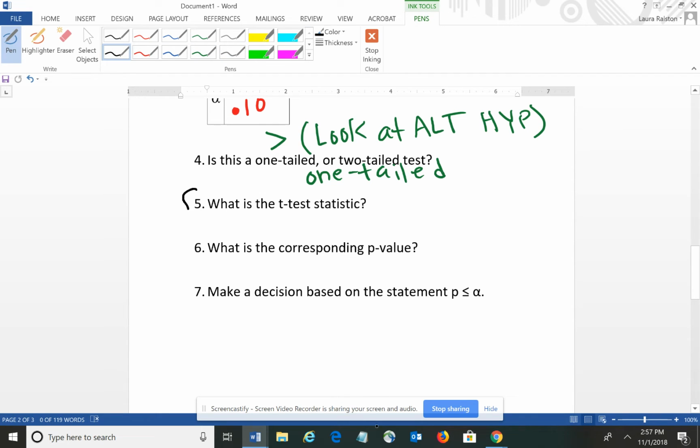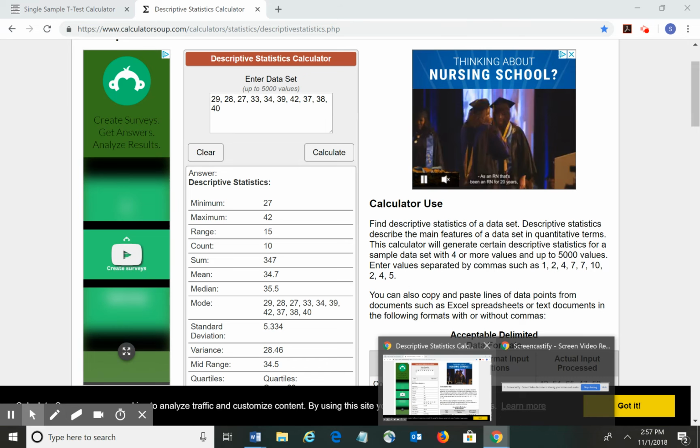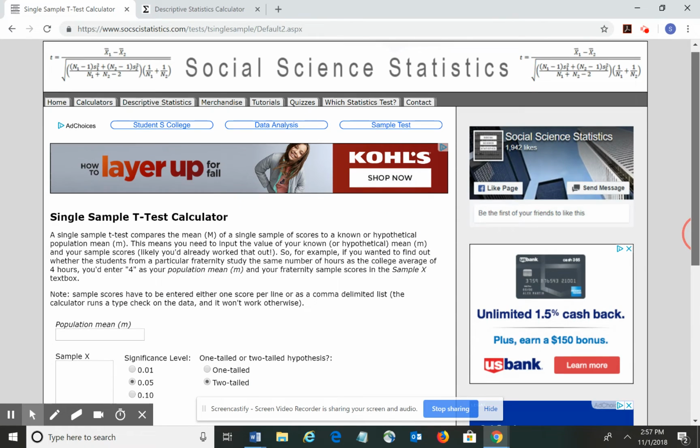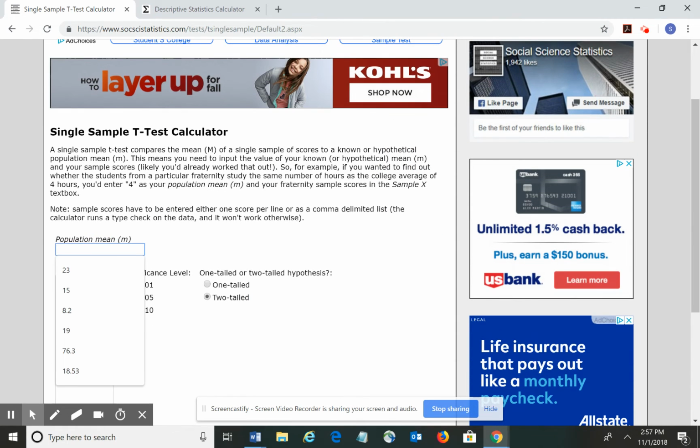And again, for these two questions, we're going to use either the calculator or the website. And again, the website's fairly easy to use. So I'm going to go out to the website. And for the t-test calculator, we put in the population mean, which is 31. Our level of significance was 0.10, and it was a one-tailed test. And then we have to put in our sample data.